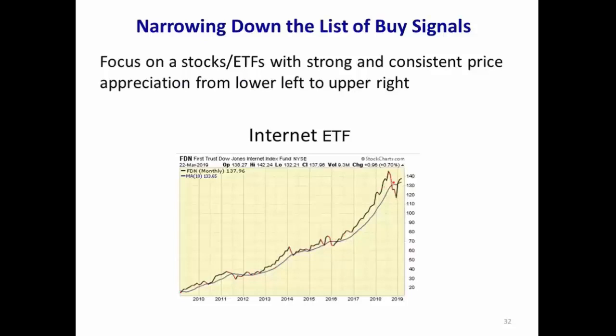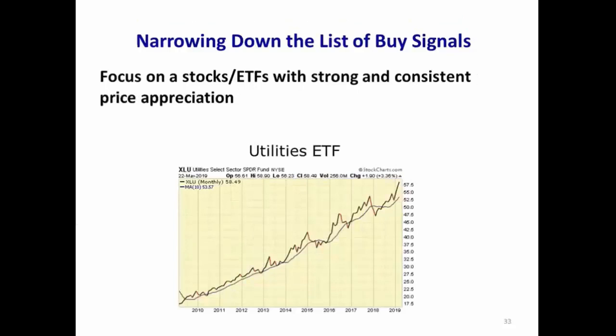So these are the kind of stocks and ETFs that we like to focus on. They typically outperform the major market averages, but their price charts tend to go from lower left to upper right, and they have strong price uptrends. So those are the kind of sectors and stocks we like to focus on.